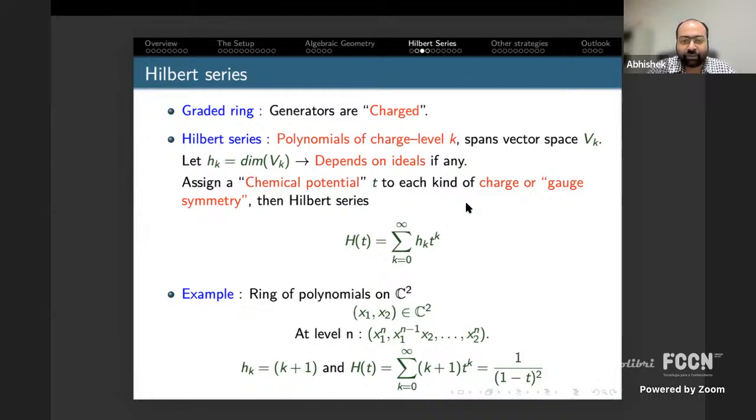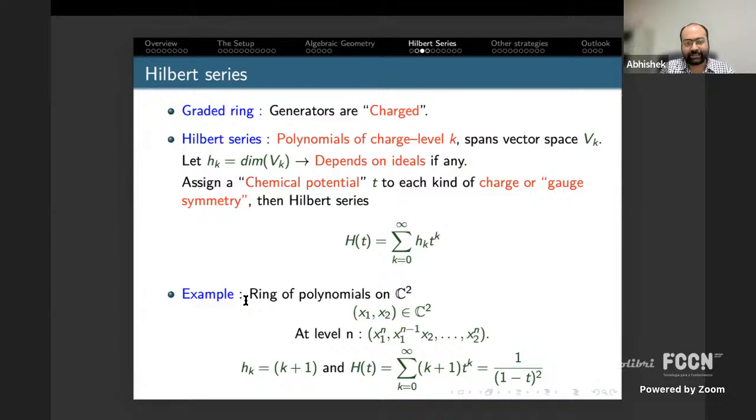I will attach a fugacity t to this degree, and then you can ask whether I can create a series like H(t), which is the sum of h_k t to the power k, where k is the degree, and h_k counts all the polynomials of degree k that you can form. So this spans a vector space, and h_k will be the dimension of the vector space V_k, which is all polynomials of degree k. Similarly, I can generalize this degree idea to various other things, but this is the simplest example.